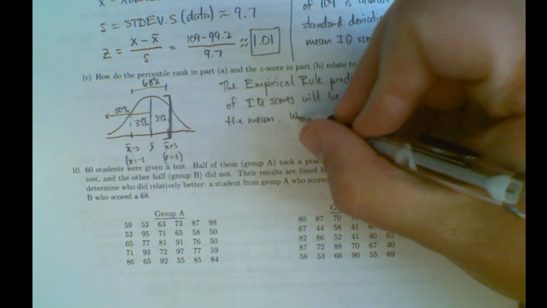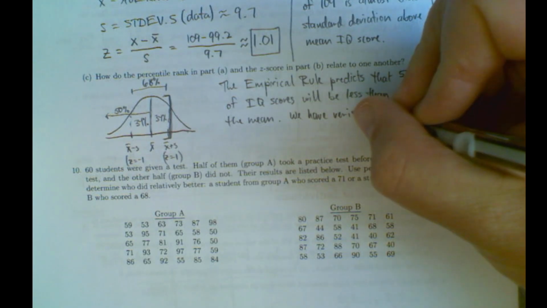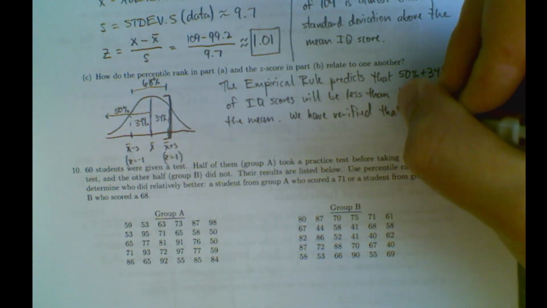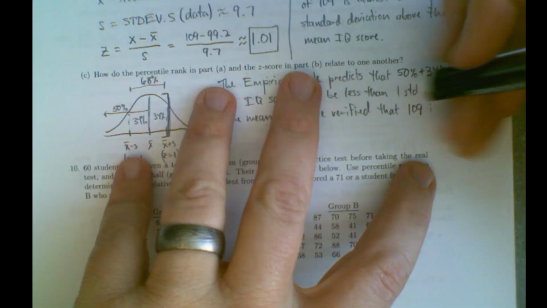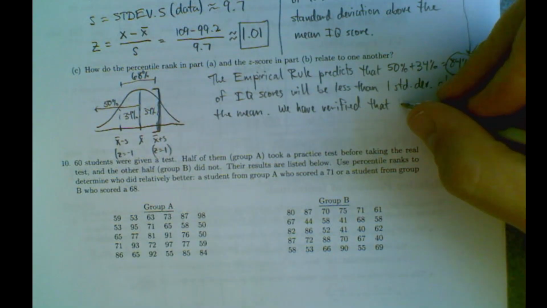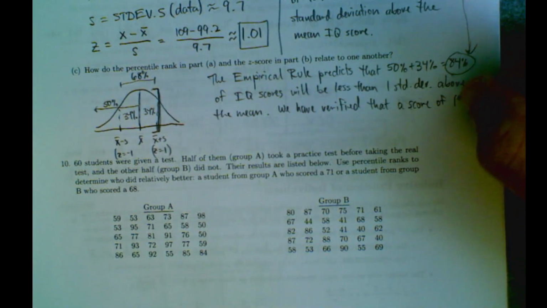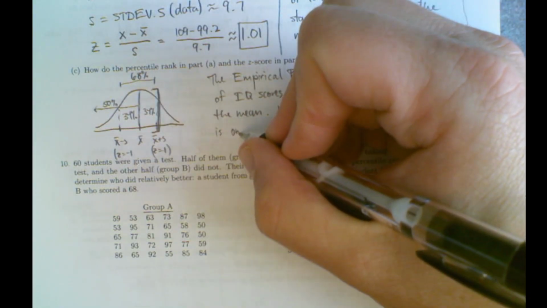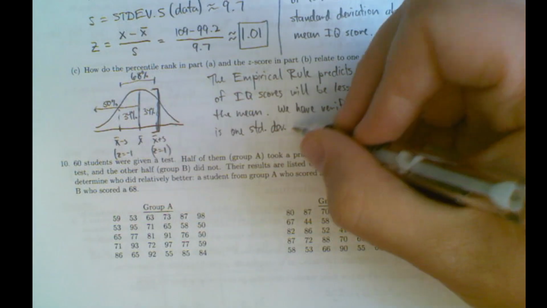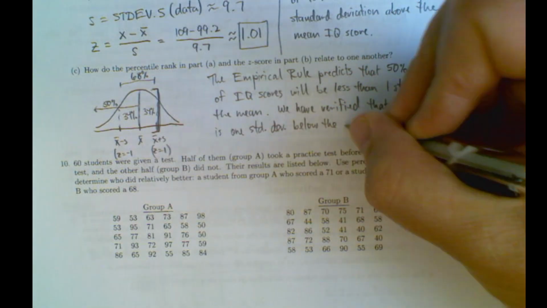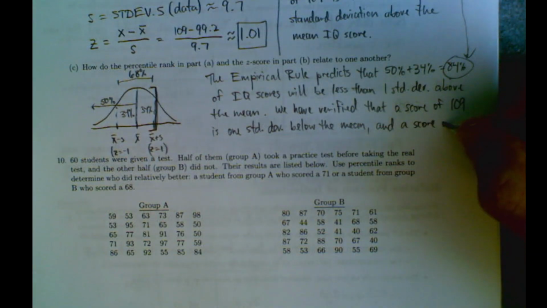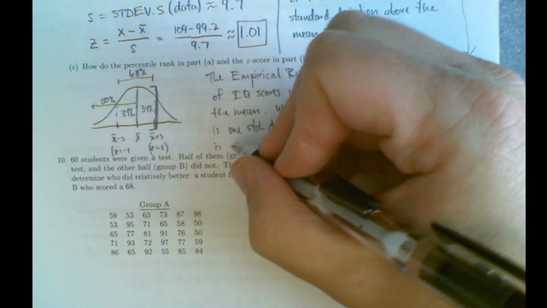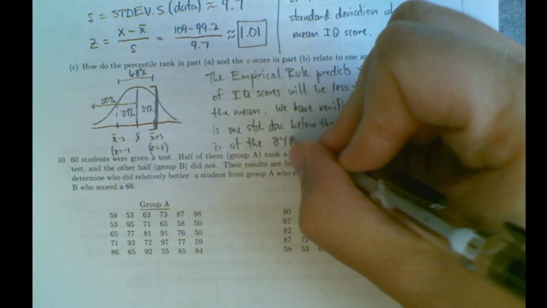So we could say we have verified that a score of 109 is 1 standard deviation above the mean, and a score of 109 is at the 84th percentile.